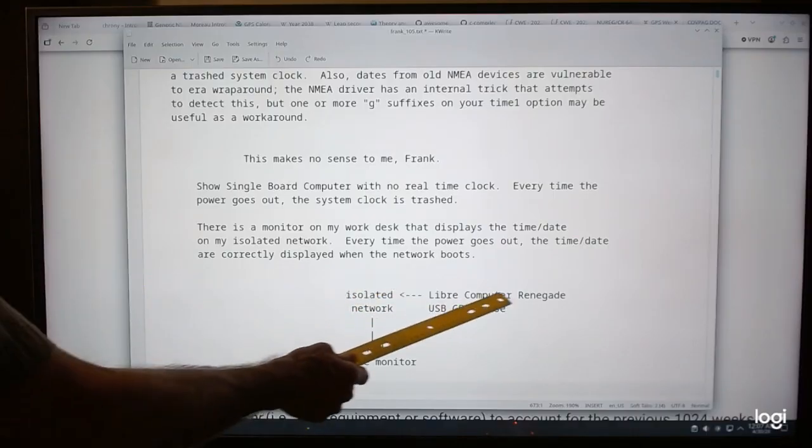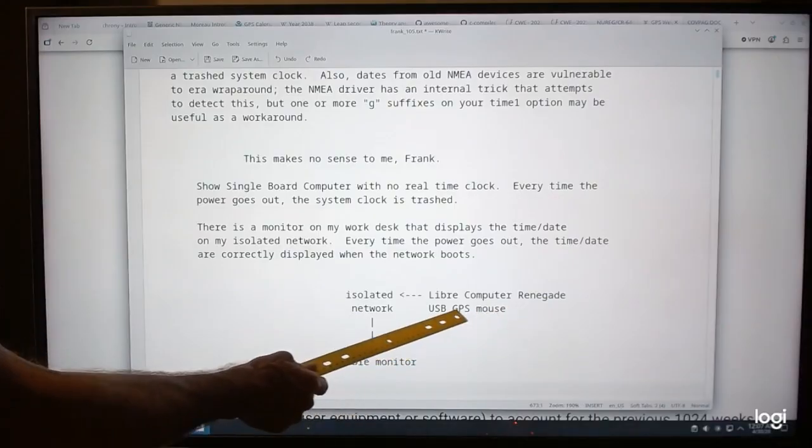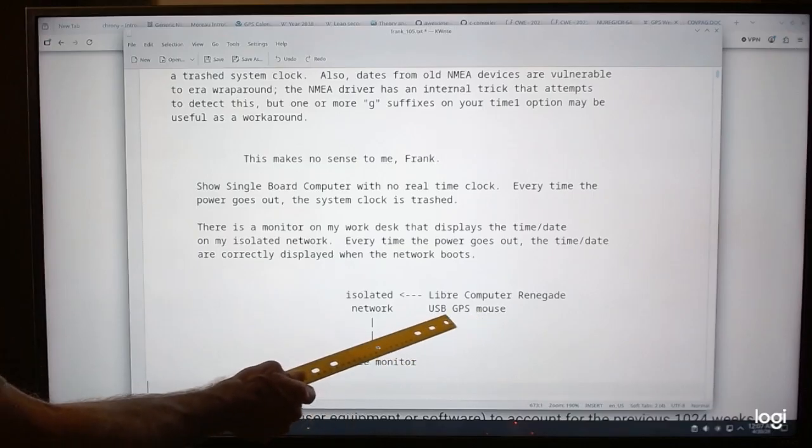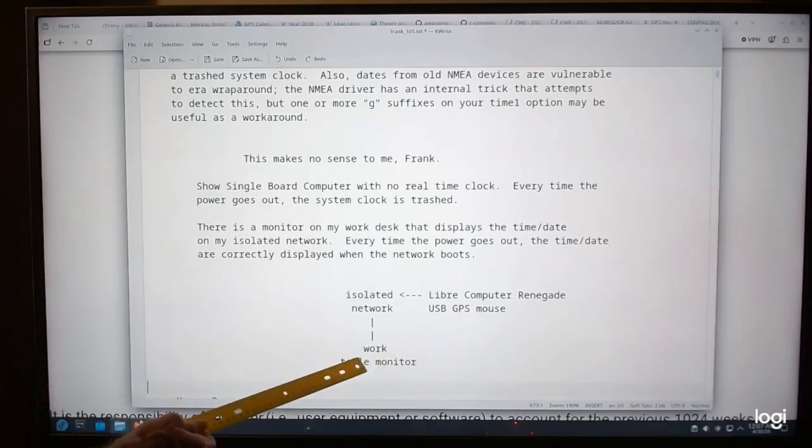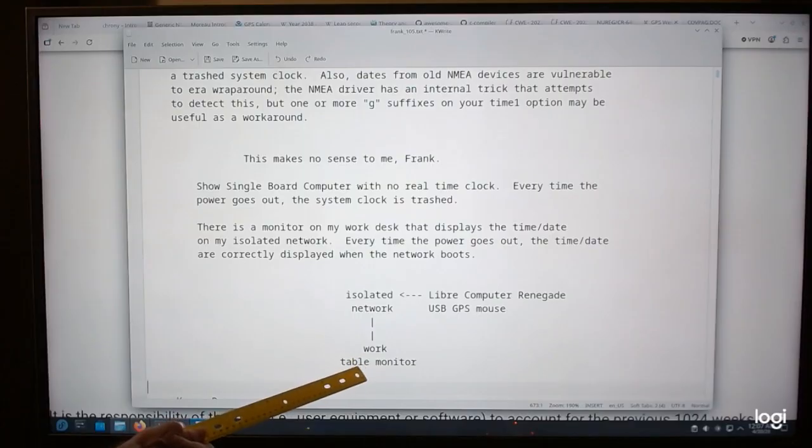I had a single board computer with the GPS mouse, and I've got a monitor on my work table, and the time is correct every time I look at it.